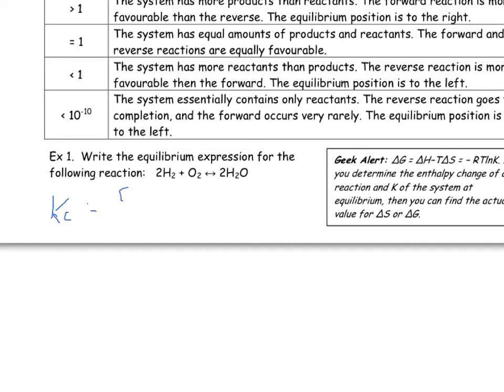I would take the concentration of the products, which is water, raised to its coefficient in the balanced chemical equation, and I would divide it by the concentration of the reactants, raised to their coefficients in the balanced chemical equation. I could then sub in molar concentrations for these three chemicals and find the value of Kc.